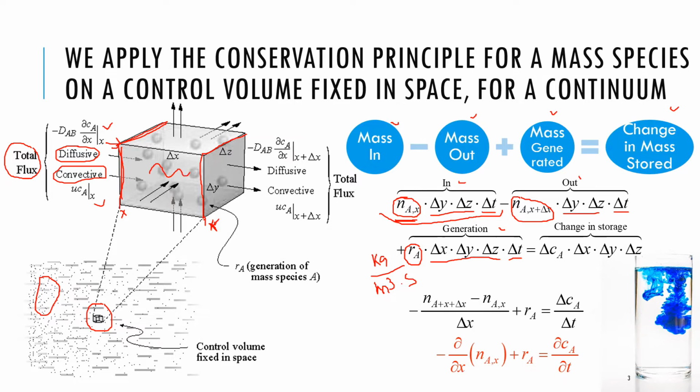And how much is this change in storage? Suppose I designate Ca as the concentration of the dye, A being the dye.